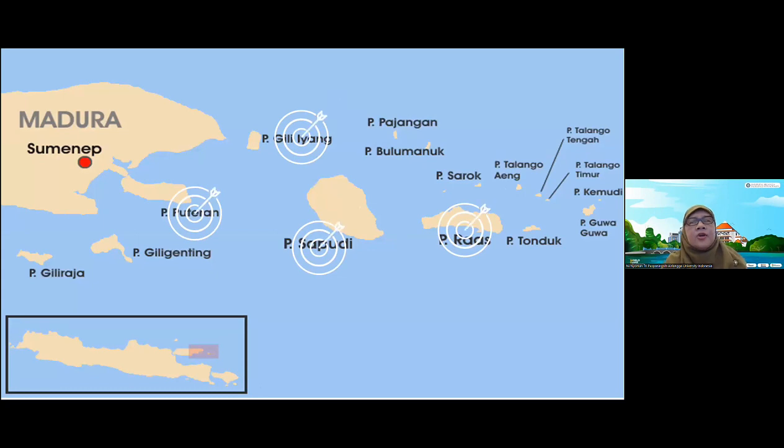This is the floating hospital that we have. I think this is still the only floating hospital in Indonesia that we have from Universitas Airlangga. I hope that in the future, many universities in Indonesia will also have this kind of floating hospital.